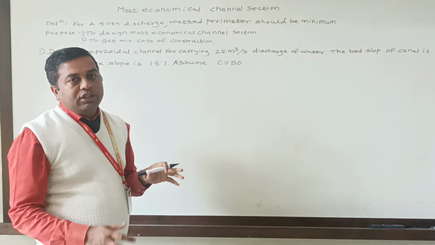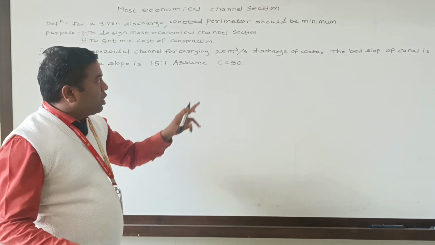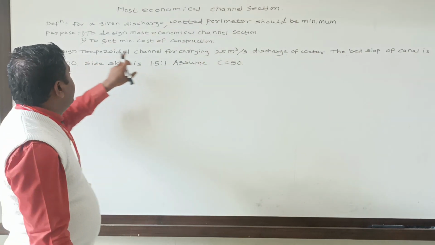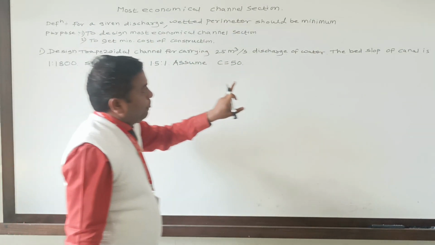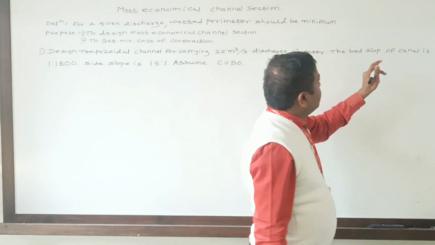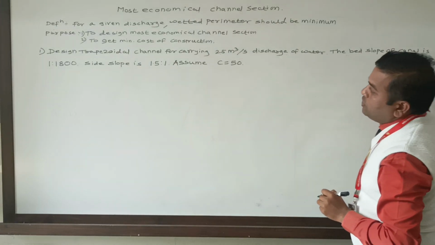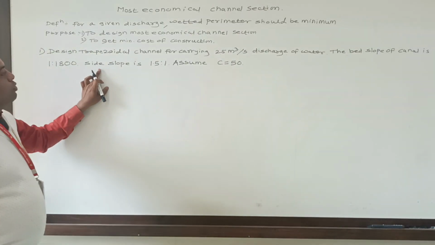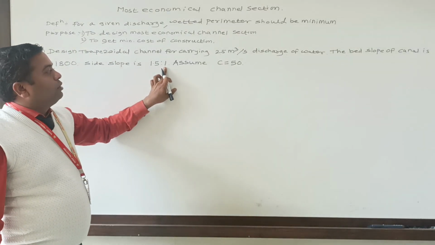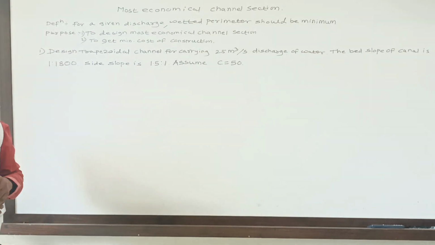For this discharge we have to calculate the dimensions of the economical section. The bed slope of the canal is 1 in 1800, the side slope is 1.5:1, and assume C is equal to 50. These are the given values in the numerical.